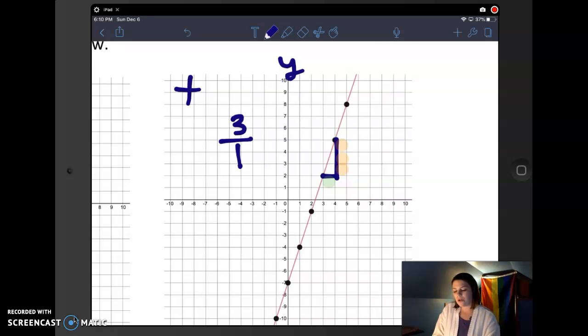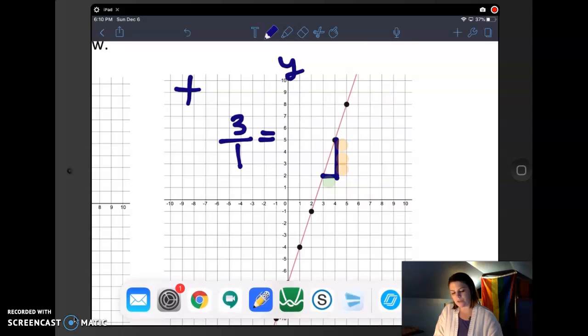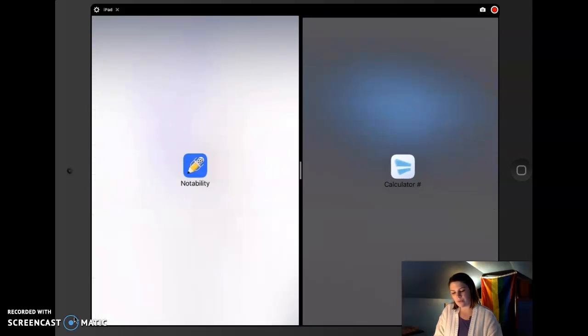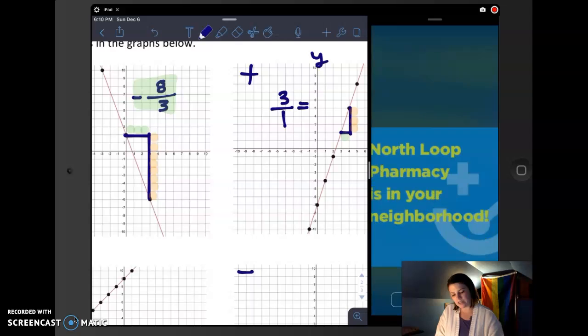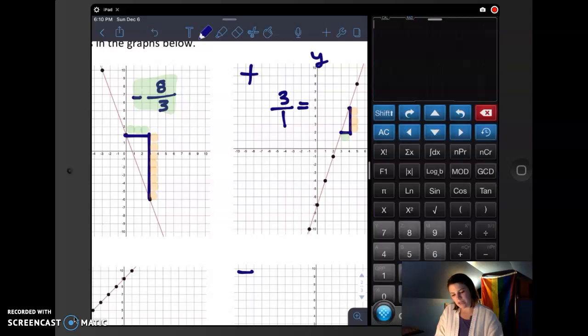Something that we need to do, though, is we need to realize how to reduce. So this is a good example for us to try. If I were to put a fraction of 3 over 1 and press equal, it gives me 3, because 3 divided by 1, any number divided by 1, is itself.